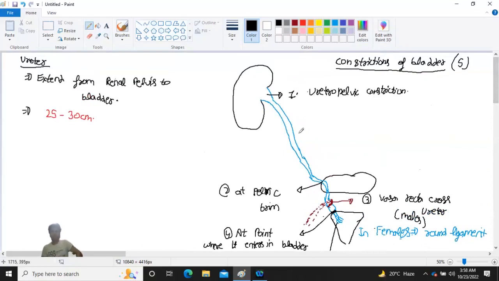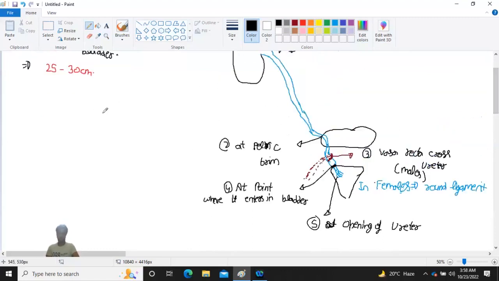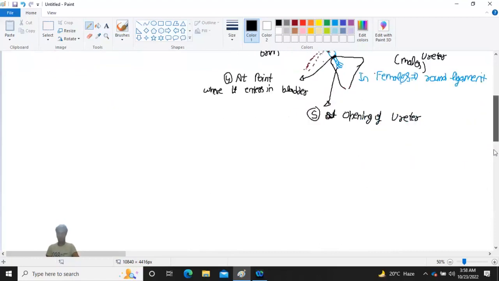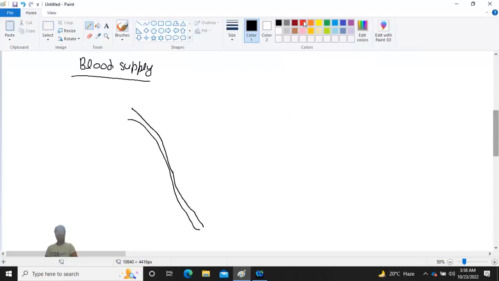Done. Now come to the blood supply. So blood supply is much easy. This is the ureter. At the pelvis region level, we know an artery called renal artery.